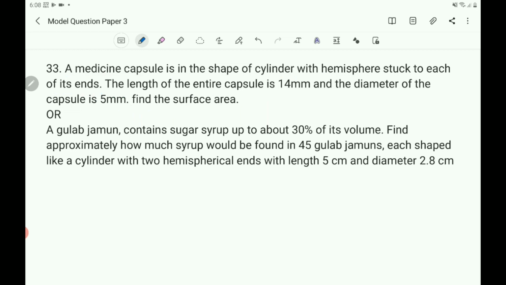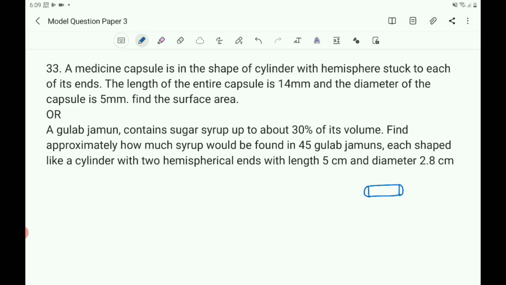What is the question? The medicine capsule is in the shape of a cylinder with a hemisphere stuck to each of its ends. So the capsule is in the form of a cylinder with hemispherical structure. Let us have the rough sketch here.